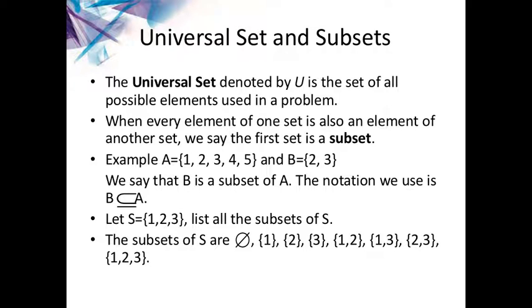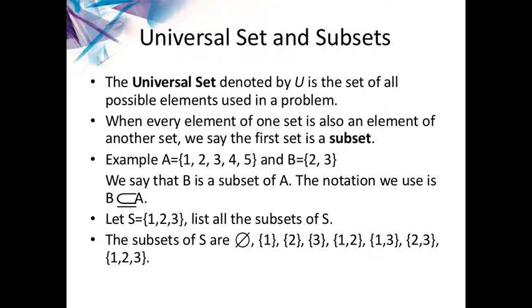Now, assume that S is {1, 2, 3}, and this is a set. In order to get all the subsets of S, the very first subset of S is what we call the empty set. The empty set is denoted as phi, and this is a set that has no elements.